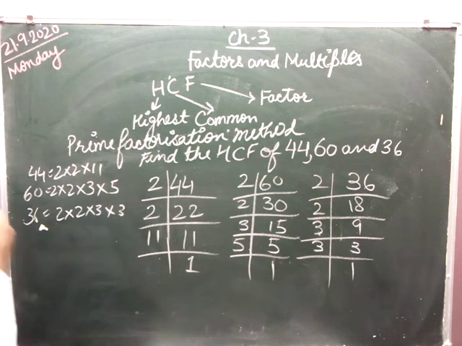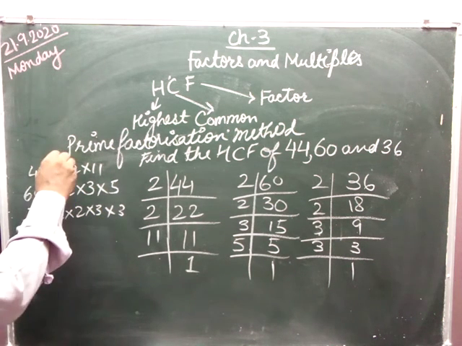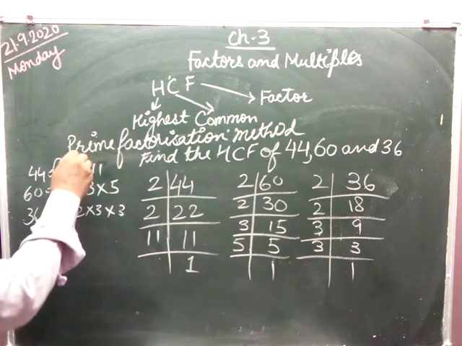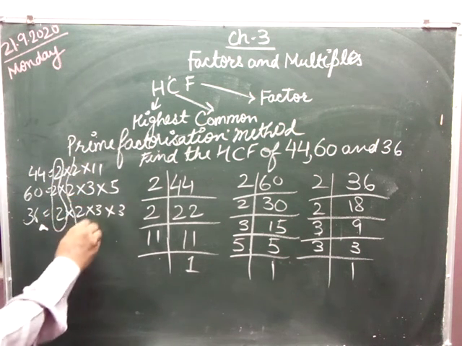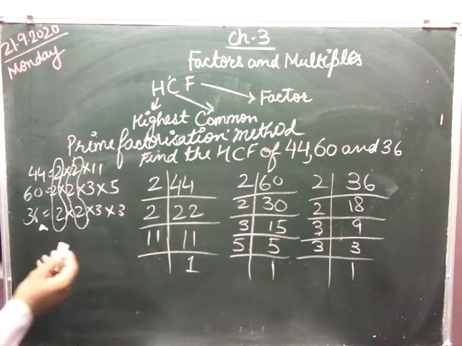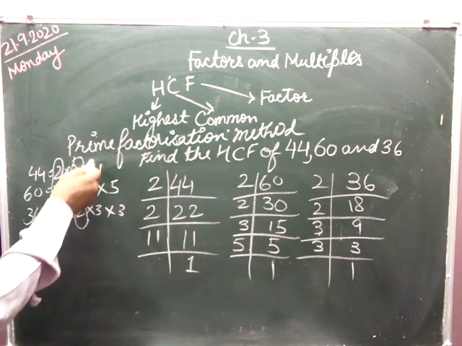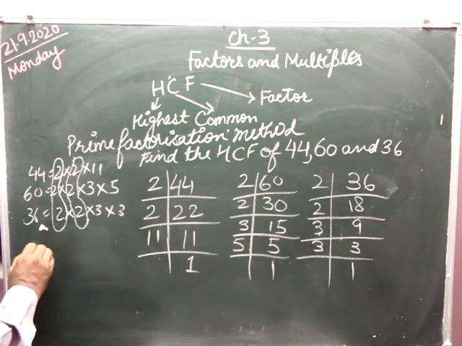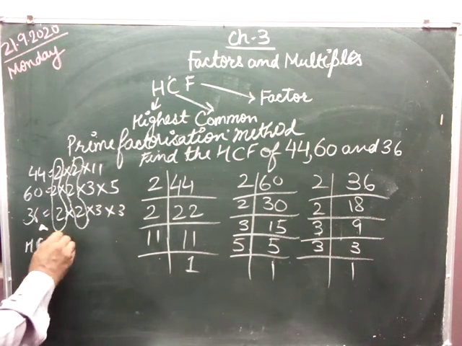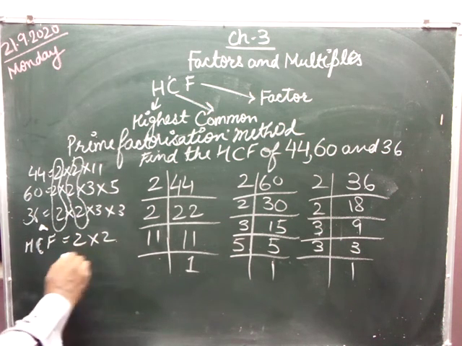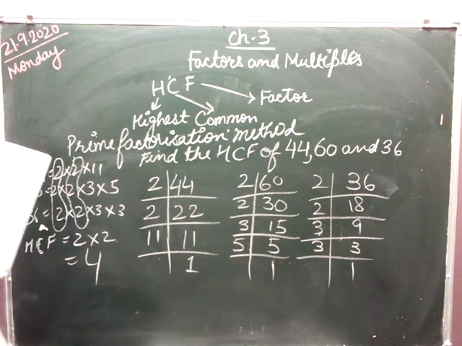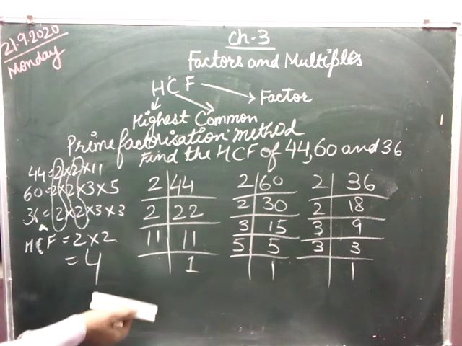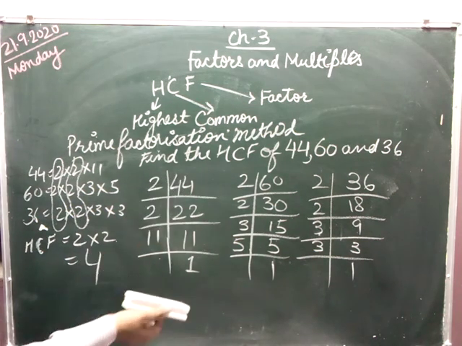So we have to find the HCF. The 2 is common, this 2 is there too. 3 is common in these two, but is not present in 44, so we cannot write the 3. What is the HCF? 2 multiplied by 2. So the HCF is 4. In this way we can find the HCF with the help of the prime factorization method.